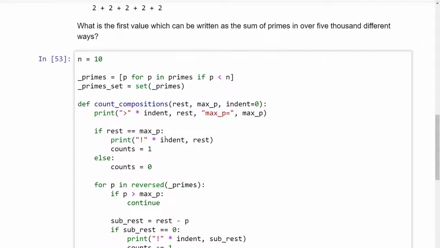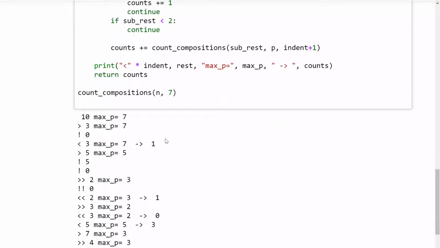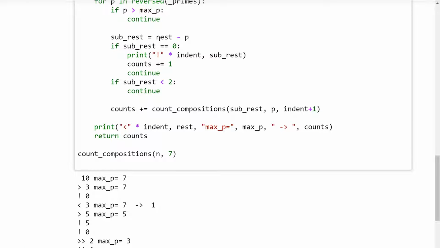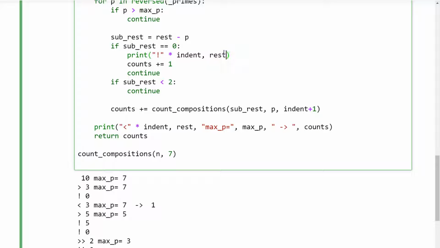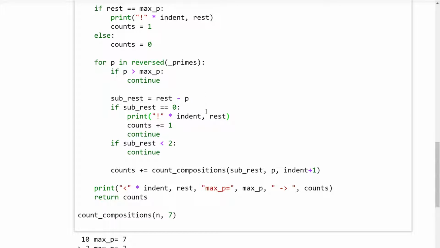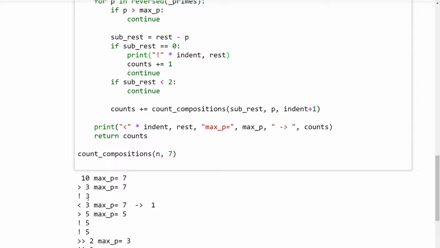I don't know. Let's see. No, rest. So now we're counting for rest equals 3, 2 times for rest equal 5.